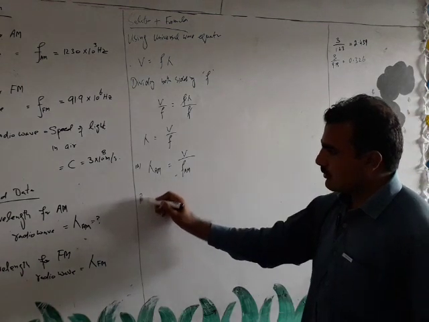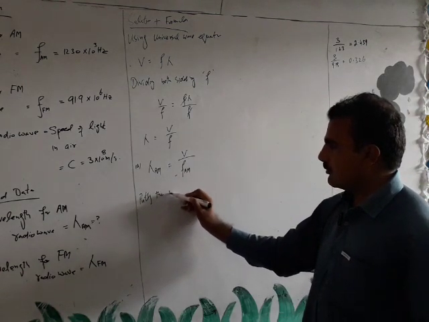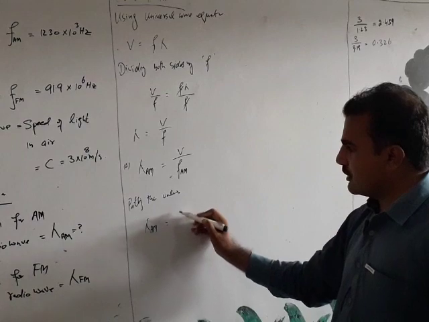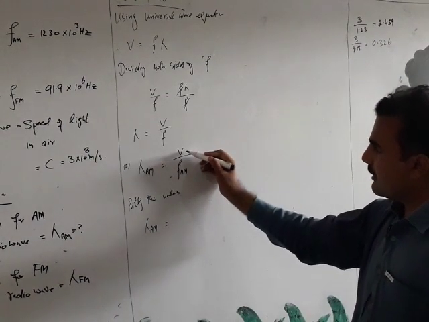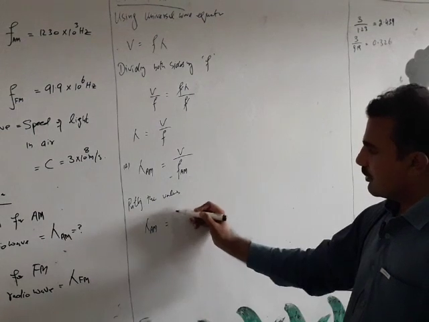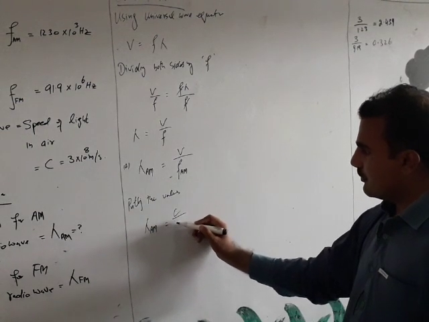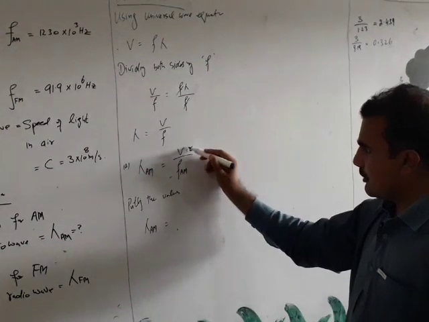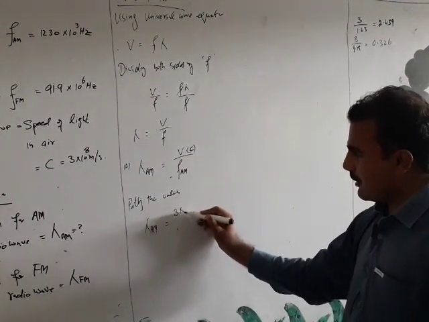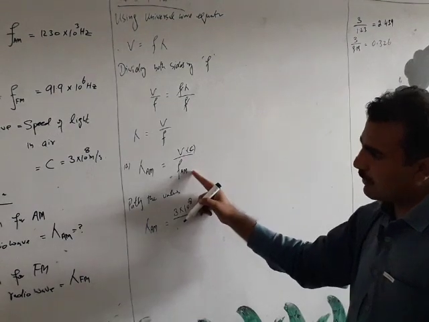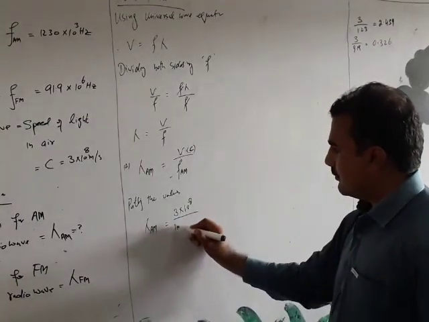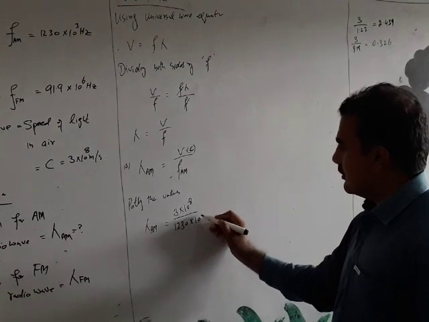So putting the values, I will write lambda AM equal to V, and I will replace V by the value of C. So value of C can be written as 3 multiply 10 power 8, while the value for frequency AM is given as 1230 multiply 10 power 3.